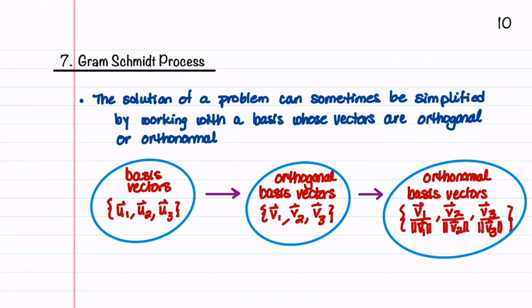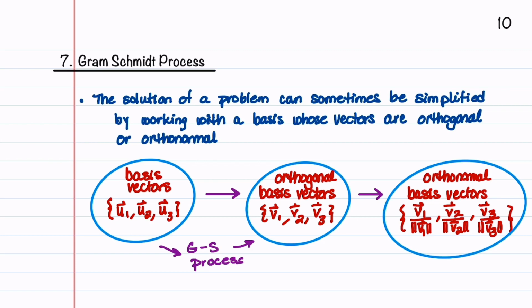Our next topic is the Gram Schmidt process. The Gram Schmidt process is a process to transform a set of basis vectors into an orthogonal or orthonormal set of basis vectors. We start with a set of basis vectors, then we do the Gram Schmidt process to end up with a set of orthogonal basis vectors.